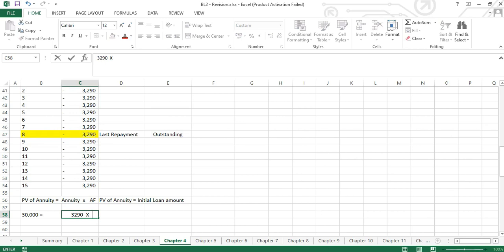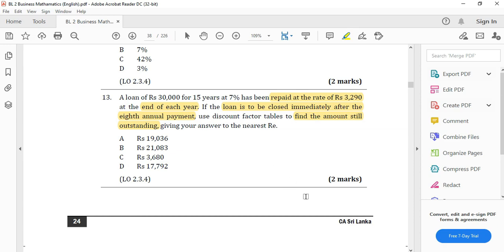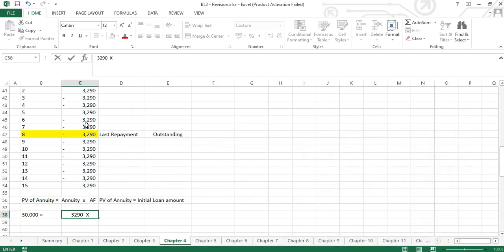They are saying you adjust it to 8 years, even though the loan is for 15 years. Since we need the 8th year cutoff, we take the annuity factor at 7% for year 8.